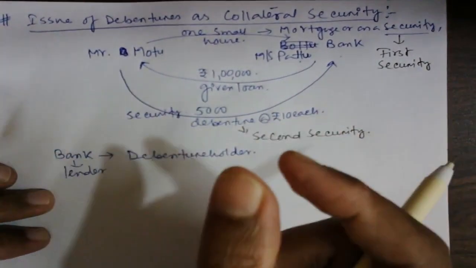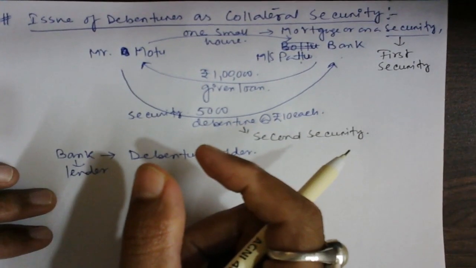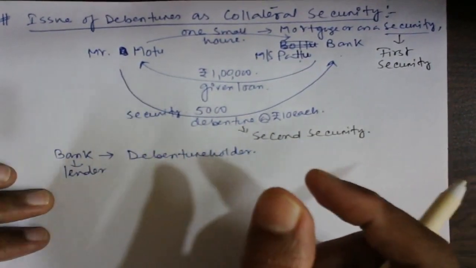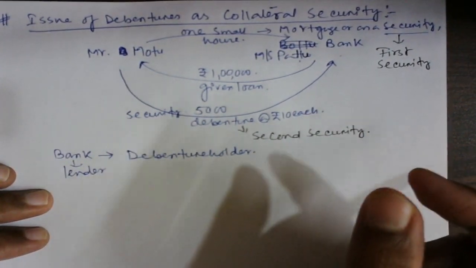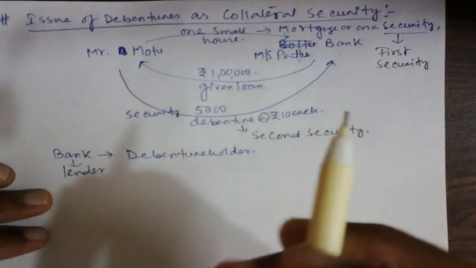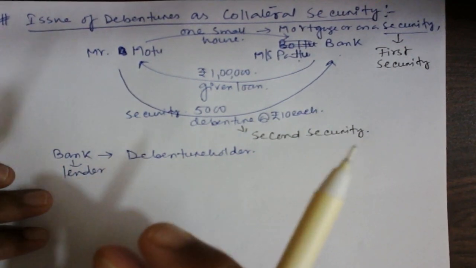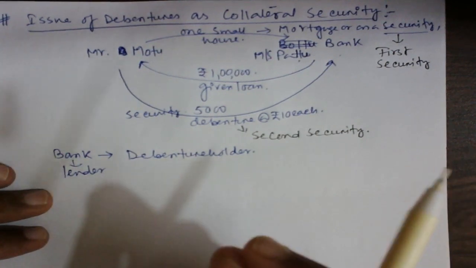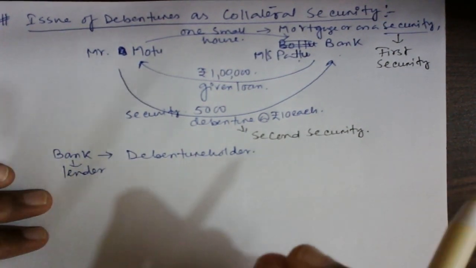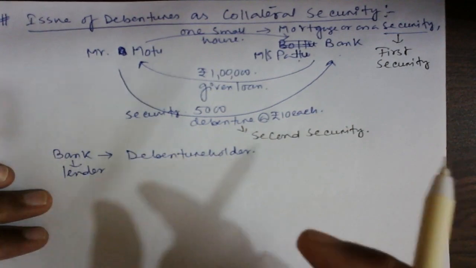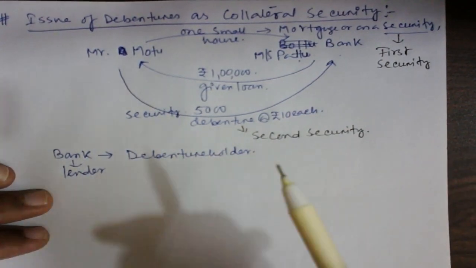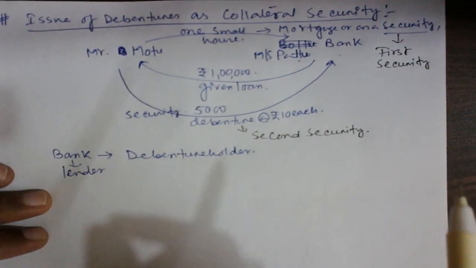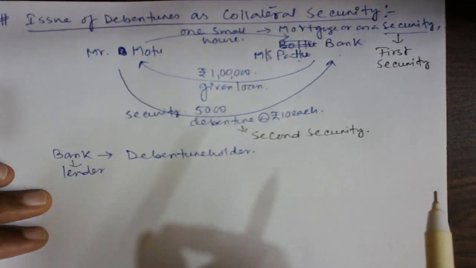So when any debenture is issued by a company to the lender with respect to an additional security over and above the first security, when the borrower gives the lender debentures with respect to any loan as a second security over and above the first security, the debentures are called a collateral security.